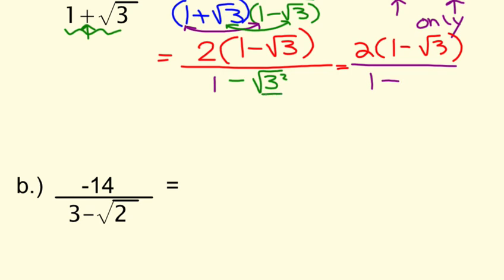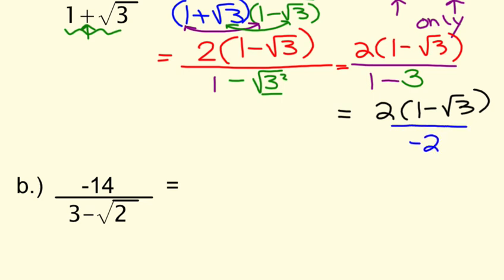Square root of 3 squared is 3. All right, now 1 minus 3 in the denominator is negative 2. Here's the nice thing about this problem now. Because I didn't distribute this little 2 here, this 2 and that 2 can cancel out because they're multiplying. The 2 is multiplying the parentheses. So we're left with a negative 1 in the denominator. So I'm just going to bring that back up to the numerator.